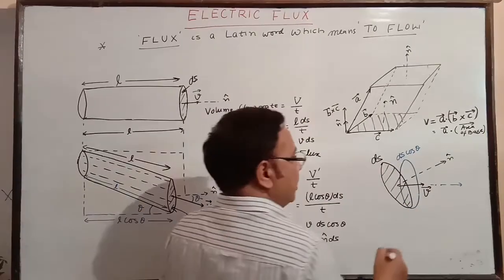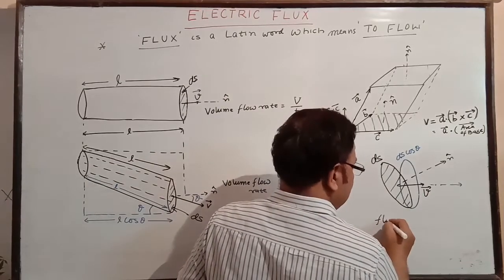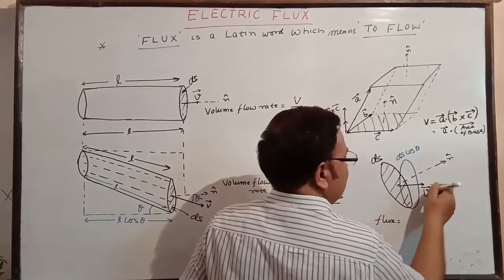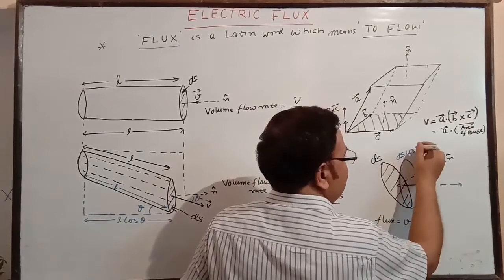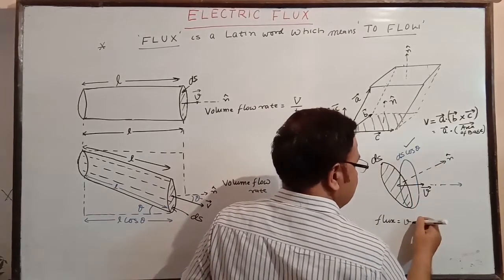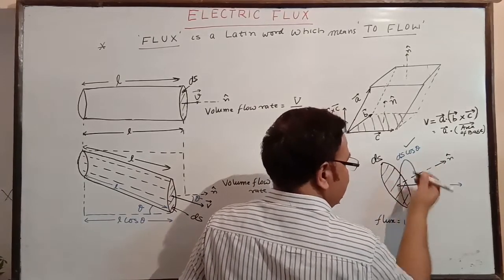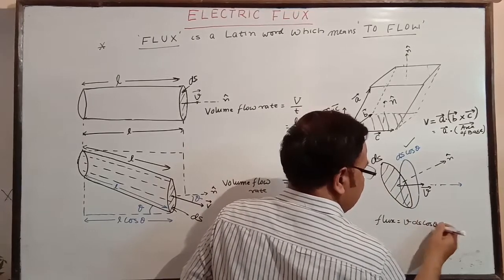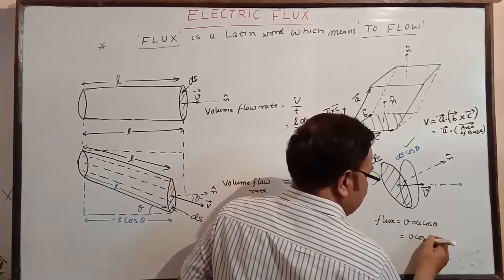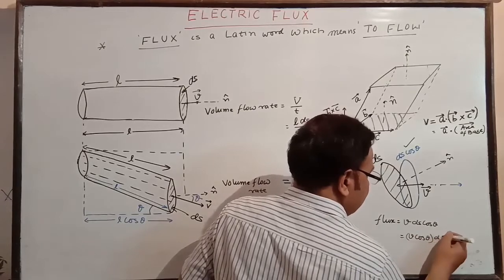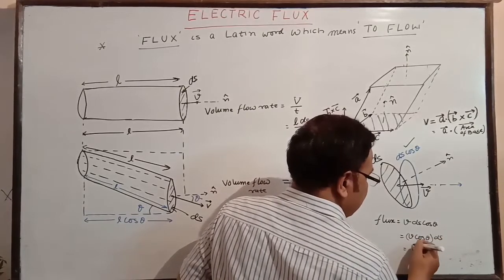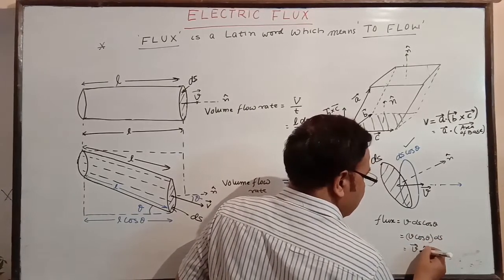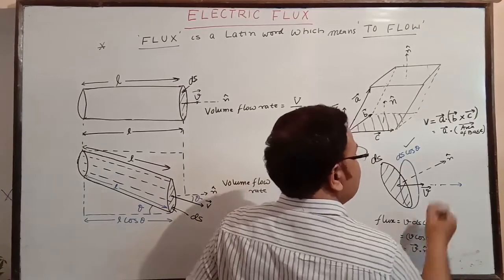Flux is equal to the magnitude of velocity into the projected area, that is ds cos theta. This is v cos theta into ds, and this can be written as v dot n ds.